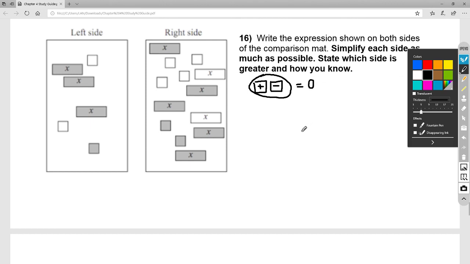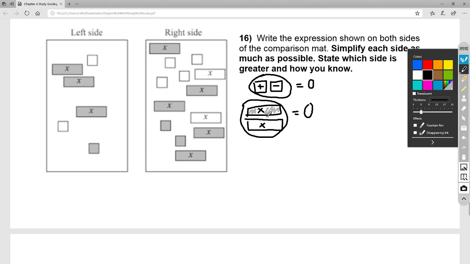Same idea applies for your x tiles. If you have a positive x tile, which is a shaded tile on your screen, and then you pair it up with another x tile, but this time it's the opposite, meaning this is the negative, we can also say this is a zero pair, and that makes 0.